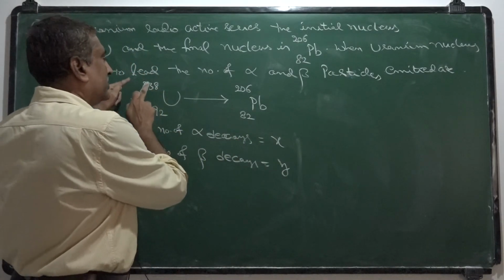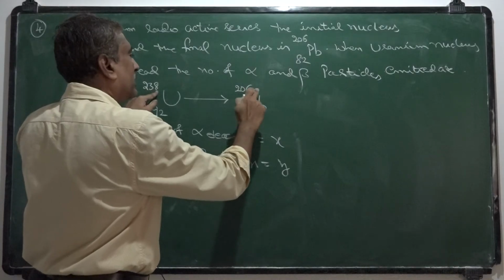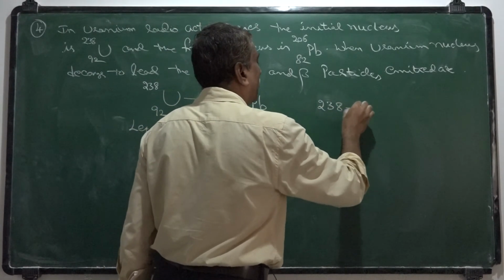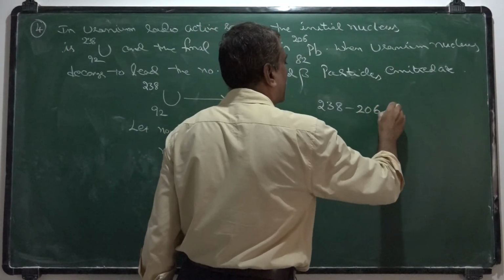Here the change in mass number is 238 to 206, that means 238 minus 206.